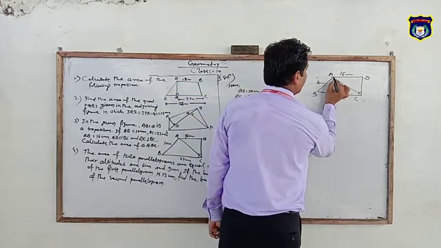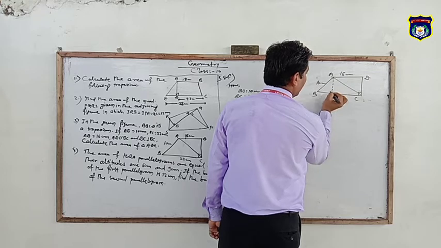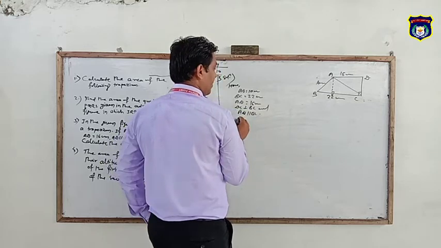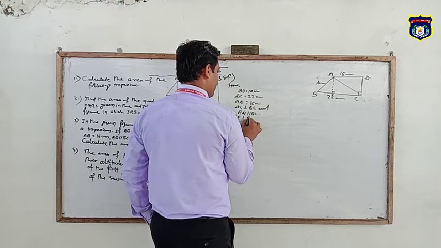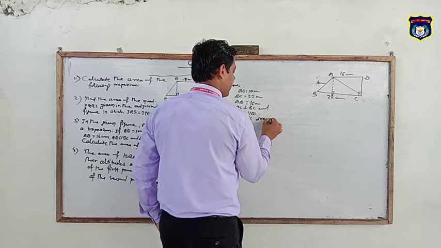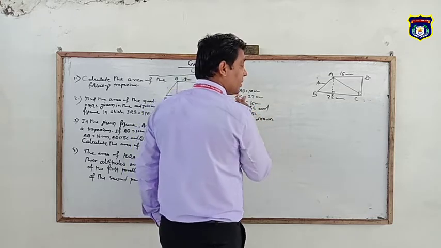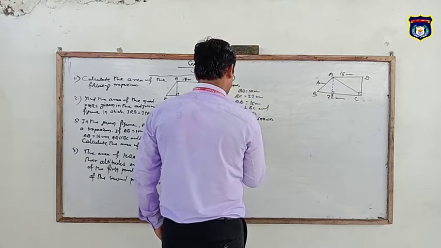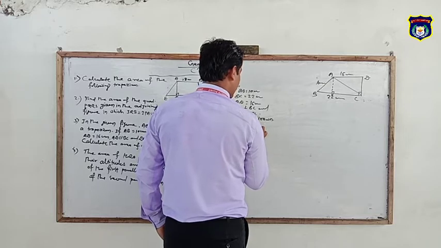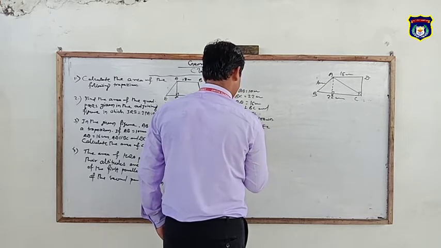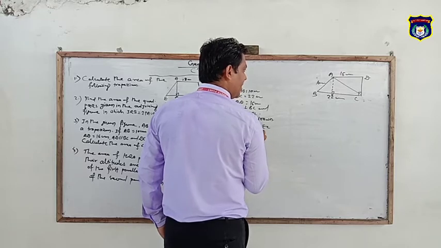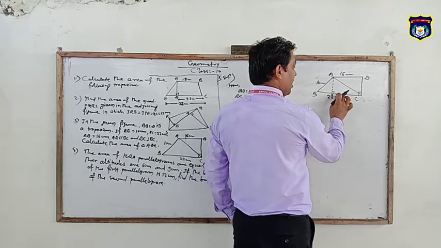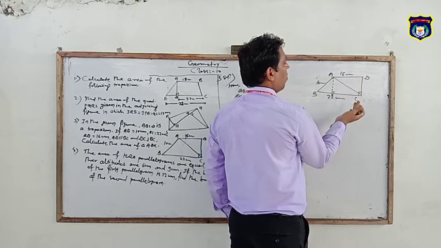First of all, we can draw the construction. AE perpendicular BC draw. After that, find the measure of BE. BE is equal to BC minus EC. The BC is given as 22 centimeter, but EC is not given. So we can substitute the value of EC is equal to AD. How?